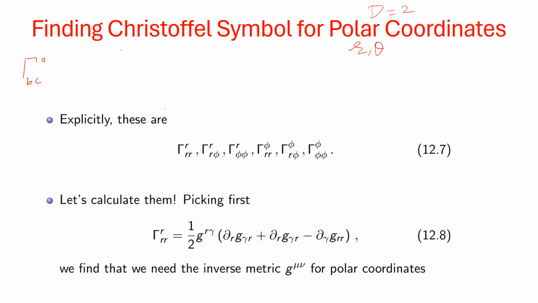So 2 into 2 into 2 will lead to 8 kinds of Christoffel symbols, whereas 2 are identical. Gamma r r phi, instead of theta here I have used the symbol phi, and gamma r phi r, they are identical because mixed partial derivatives are the same. So by finding one you can obtain another.